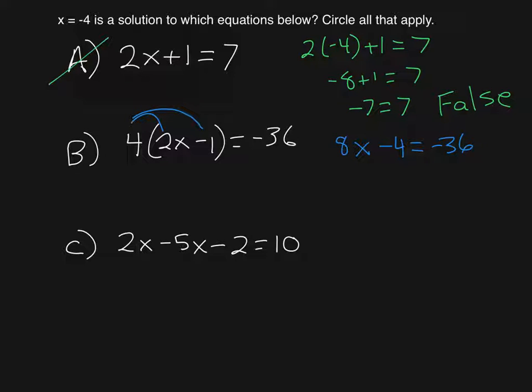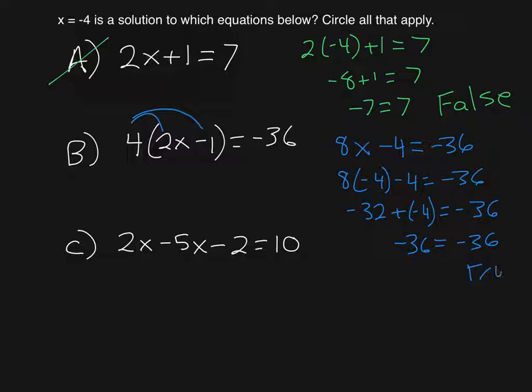We can substitute my negative 4 in for x. 8 times negative 4 minus 4 equals negative 36. 8 times negative 4 is negative 32, and instead of writing minus 4, I'm going to write plus negative 4. Negative 32 plus negative 4 is negative 36 equals negative 36. That's a true statement, so letter B works.